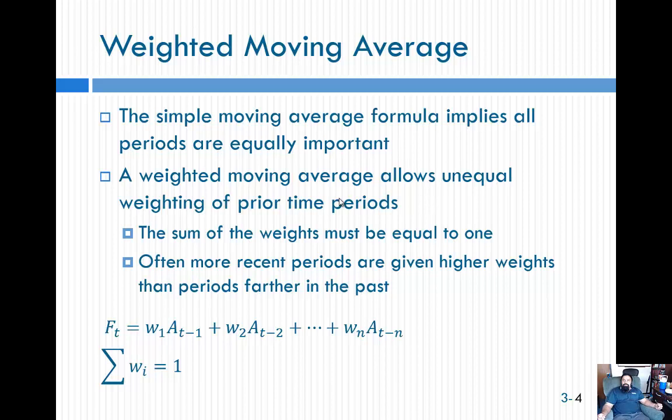For example, if you are taking 0.4 as the weight for one period, 0.3 for another period, then 0.7 is already being used. You cannot give more than 0.3 to other periods. So the sum of the weights must be equal to 1. Often more recent periods are given higher weights than periods farther in the past.